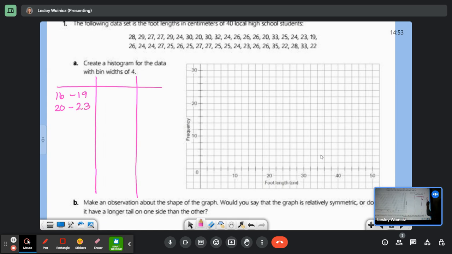Okay, and then the next one will be 24 through 27, and then 28 through 31, 32 through 35, and so we end at 36. Is 36 the biggest? Is there a 36? No? Okay, so these are our intervals.